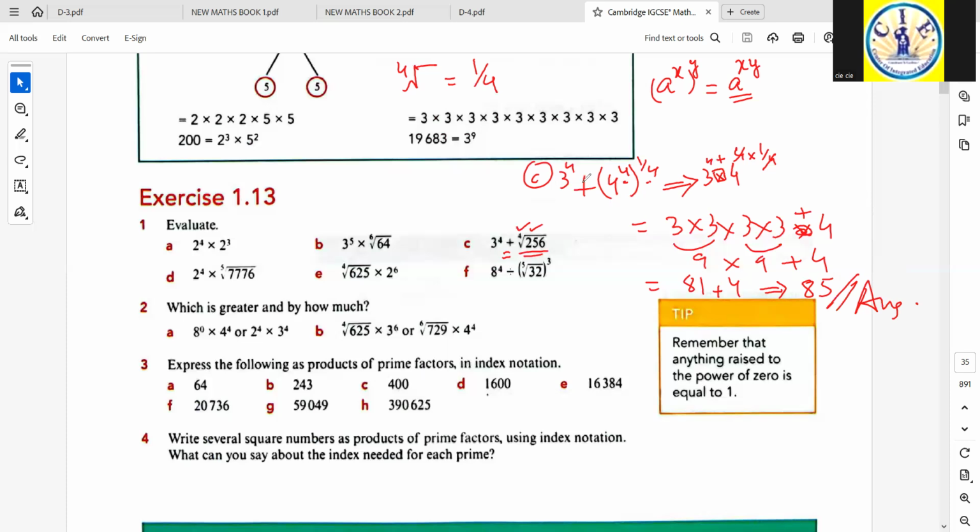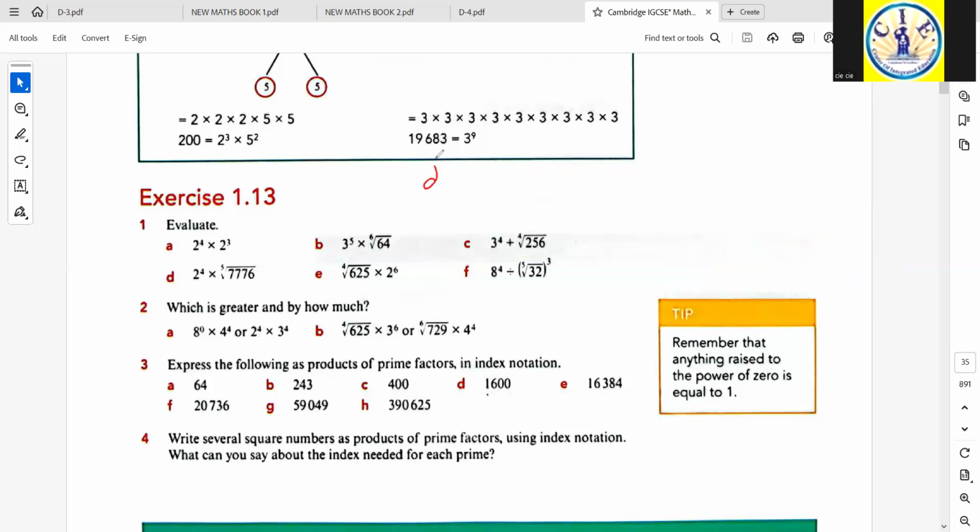Okay, with this now, we need to continue with the same pattern. If I do part D, 2 raised to the power 4 times fifth root of 7776.